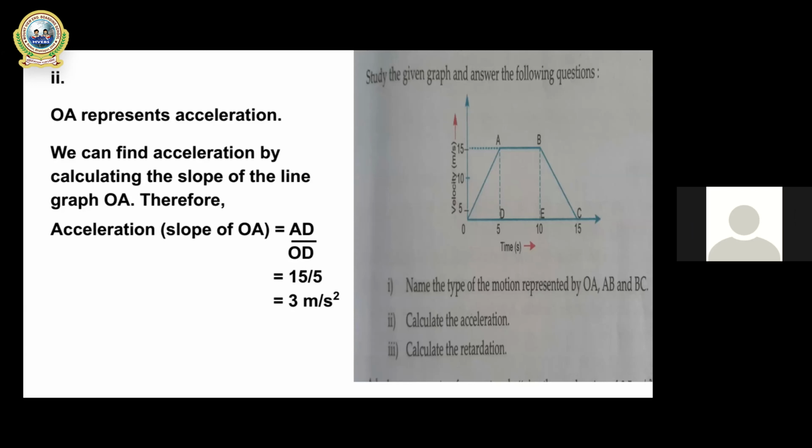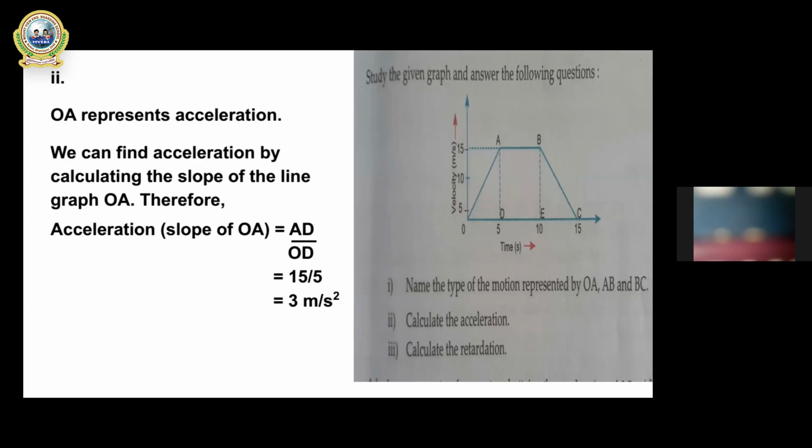Acceleration means positive acceleration, so we are going to calculate the acceleration of OA. Once you are clear, you can find the acceleration this way.